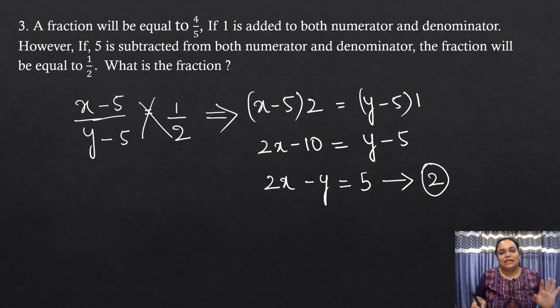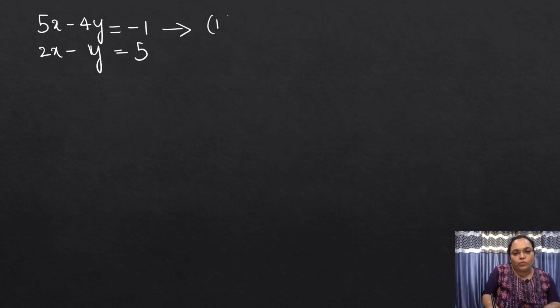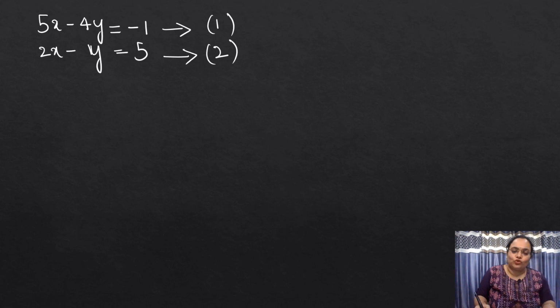Now we have got equation 1 and equation 2. Now by using the elimination method, we will solve these two equations. This is the equation 1 we have got and this is the equation 2. We will use the elimination method because it is simple to solve.